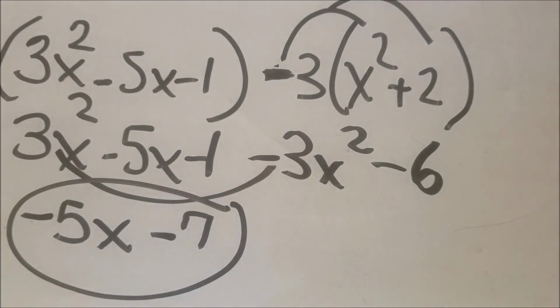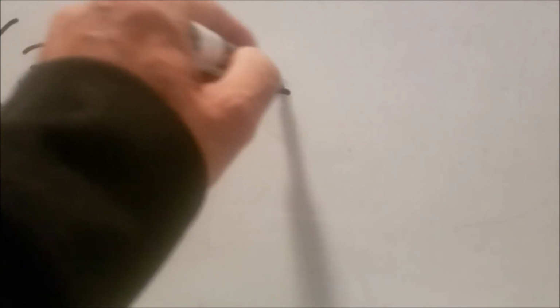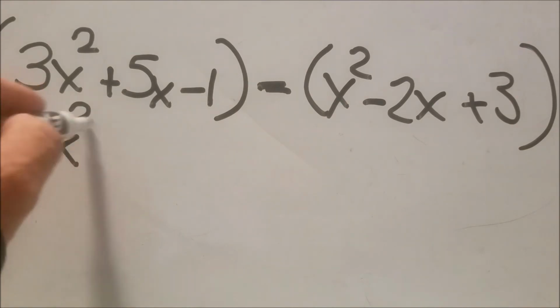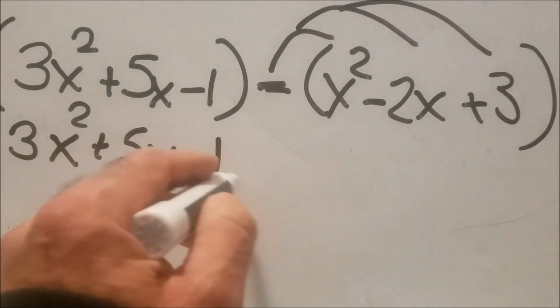Let's try subtracting two trinomials now. So what if I had 3x squared plus 5x minus 1? There's one of them. And we're going to subtract x squared minus 2x, and let's say plus 3. Why not? Well, we're going to keep this, right? We can take the parentheses away. We're going to distribute the negative there, right?